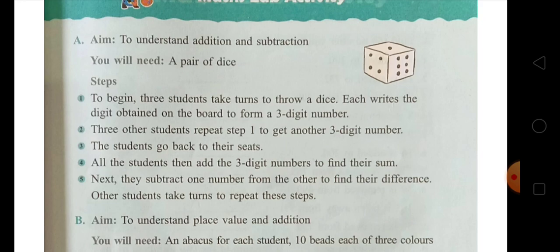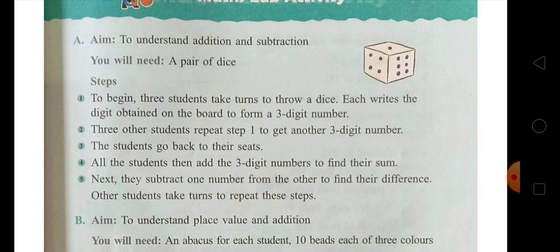Other students take turns to repeat these steps. Okay, once again you have to listen. To begin, 3 students take turns to throw a dice. Each student writes the digit obtained on the board to form a 3-digit number.